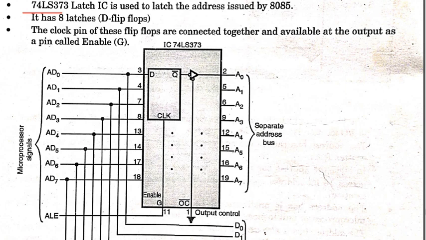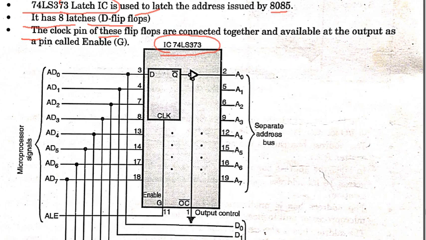Also this IC 74LS373 is used in the minimum microcomputer system design of 8085. It is simply a latch IC that has 8 latches, where D flip-flops are used, and we know that a D flip-flop is nothing but a sequential circuit. It requires a clock signal for its operation.